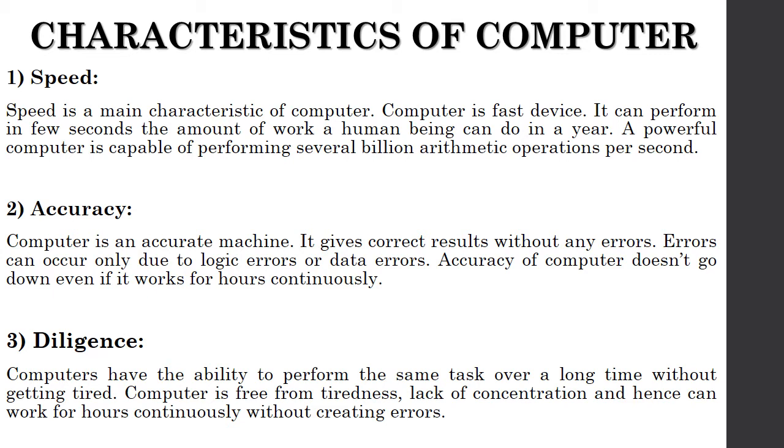As I have told you, a computer is a fast device. It can perform in a few seconds the amount of work a human being requires a year to do. Suppose the same work is given to the computer and a human being. That work will be performed by the computer within a few seconds, whereas the same work will require a year to be completed by the human being.